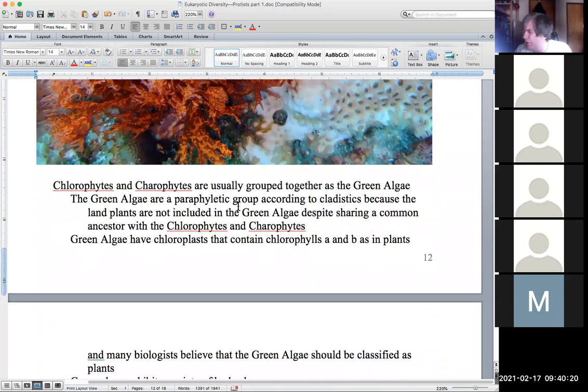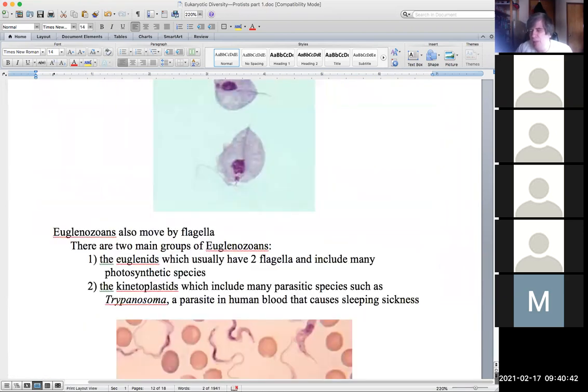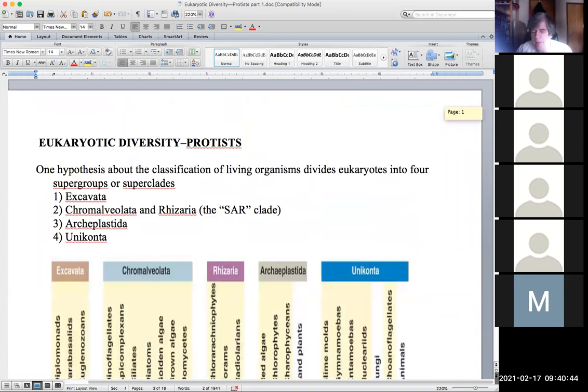Now, there are two groups of protista that are very closely related, called chlorophytes and charophytes. They're grouped together as what are called green algae. And like most of the algae, they get their name because of their color. But let's go back to our first diagram.